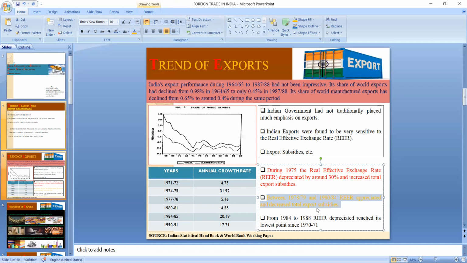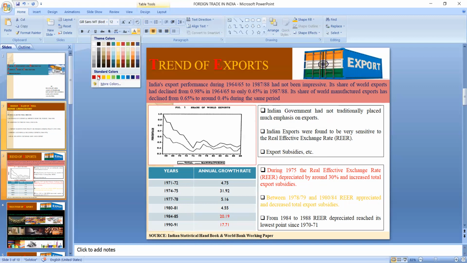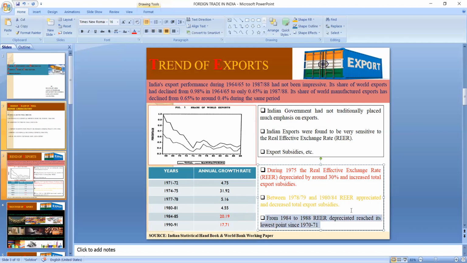However, during 1984-85 to 1990-91, we observed some improvement in the growth of the export sector, because from 1984 to 88 the real effective exchange rate depreciated, reaching its lowest point since 1970-71.